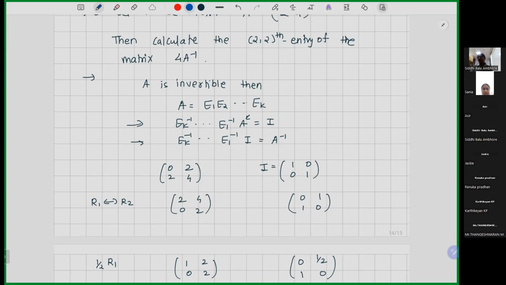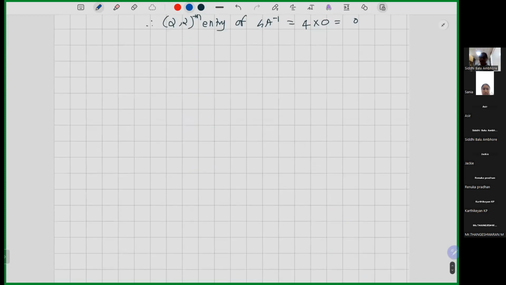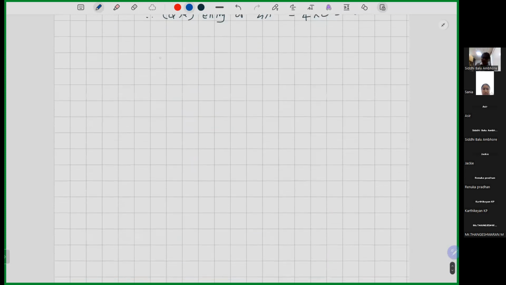If this is an elementary matrix, when I apply it to any matrix, I already showed this, it will just switch the rows. You can multiply and check.